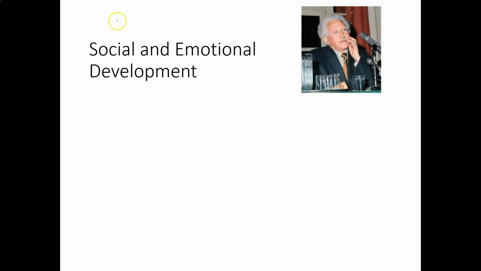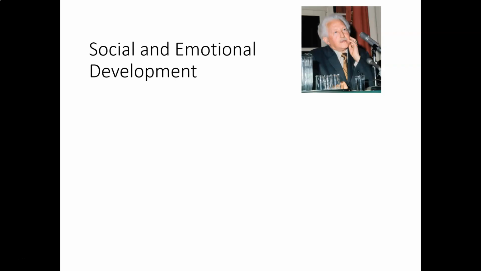So the psychologist you're seeing here on the top right is Erikson. I'm not sure why his parents named him that, but that's what his name is. And he argued that all of us, not just children, but all of us undergo social and emotional development.